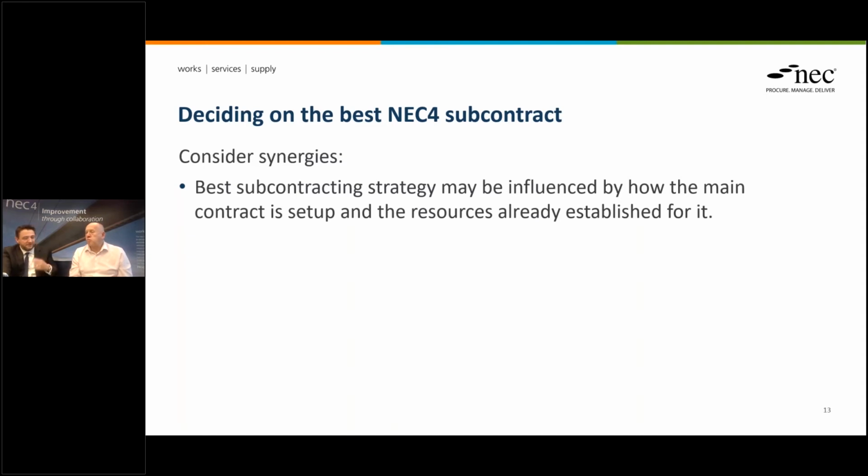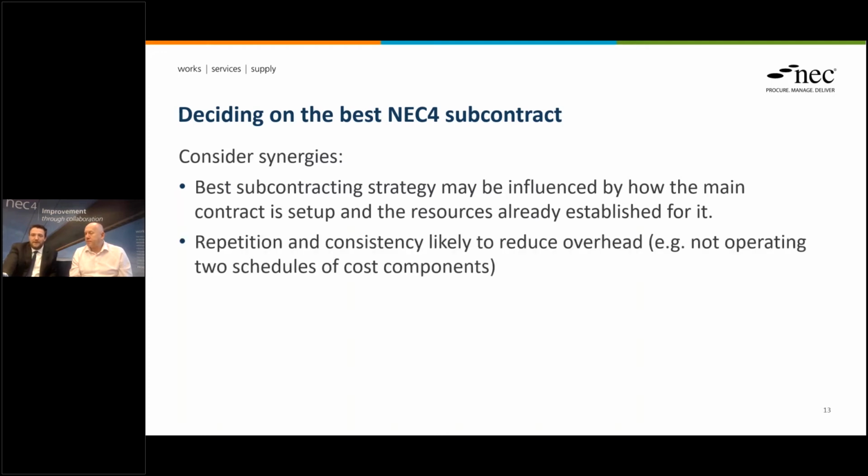And again, it's not about taking the template and filling the blanks. It's about making those choices first and tailoring it to what's best. And then repetition and consistency on a similar point. Presumably it's going to be easier because of defined cost for equipment and market rates for things.